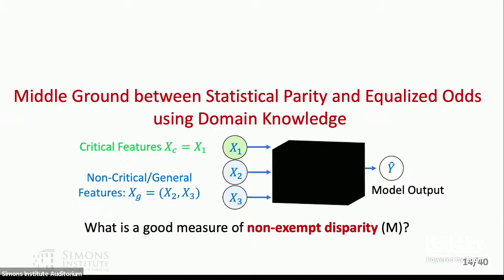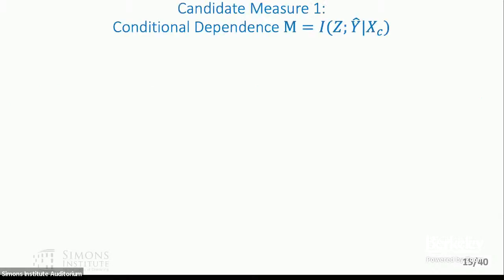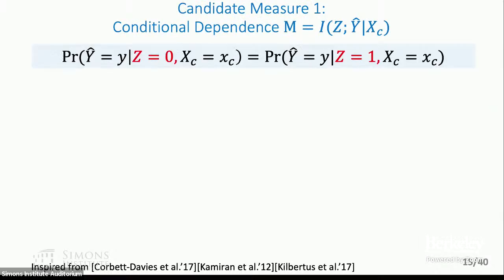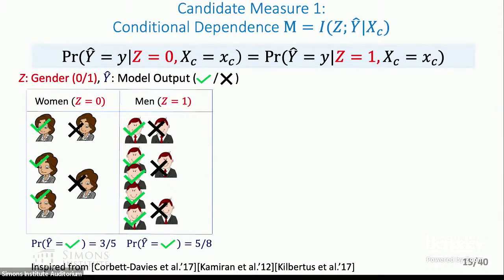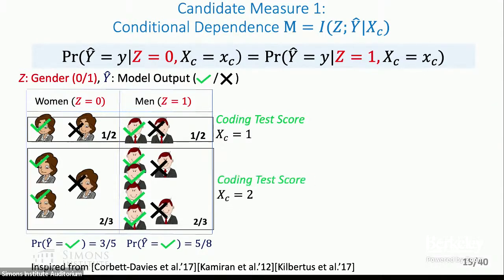Now, to find a measure of non-exempt disparity, the first candidate measure that we consider is conditional dependence or conditional mutual information. That is, among the candidates with the same value of coding test score, or conditioned on the coding test score, there is no further dependence between Z and the final output.